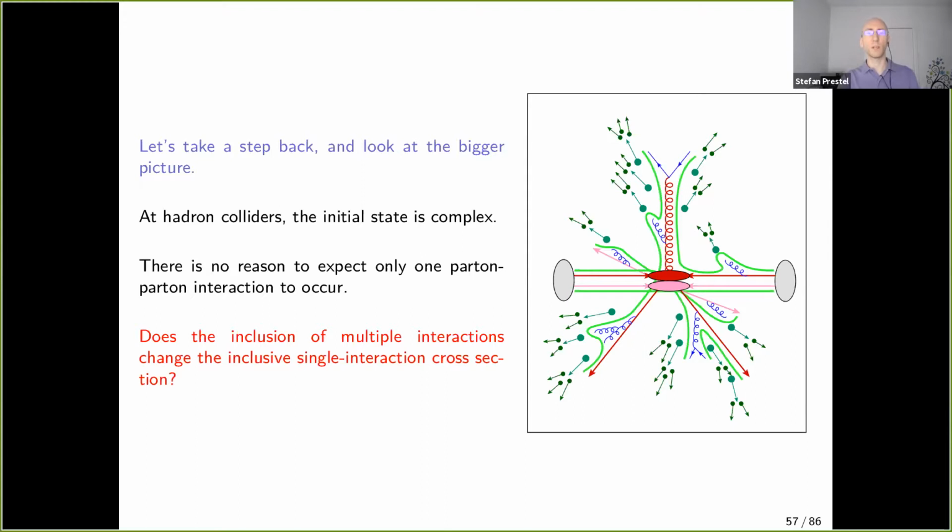Now, if you would decrease the factorization scale, you'd start seeing a larger rate that could be due to real emission corrections and virtual corrections. So maybe that's also a good way of thinking of what is inclusive. Things are still integrated into the PDF that you might then resolve if you do a higher order calculation. Does that help?